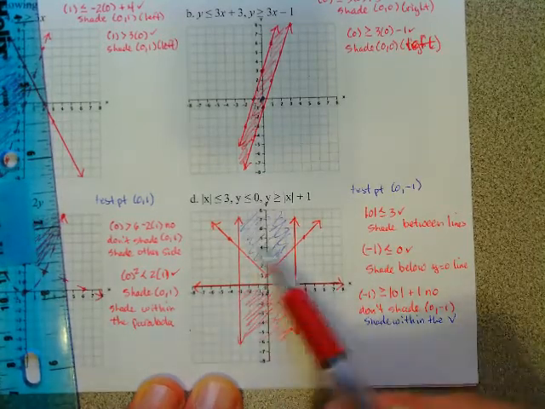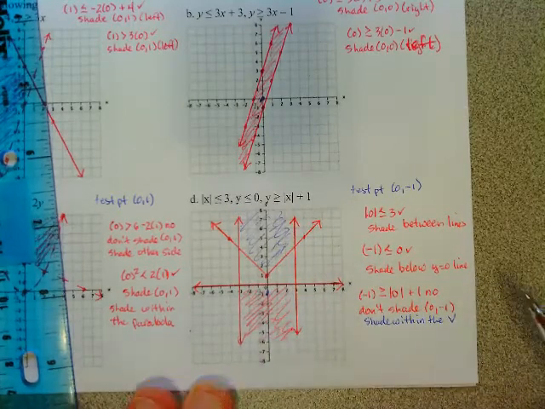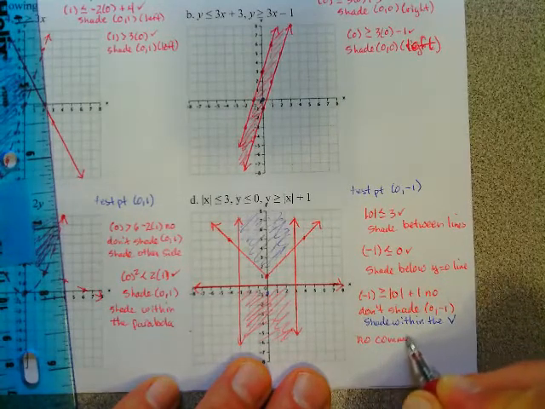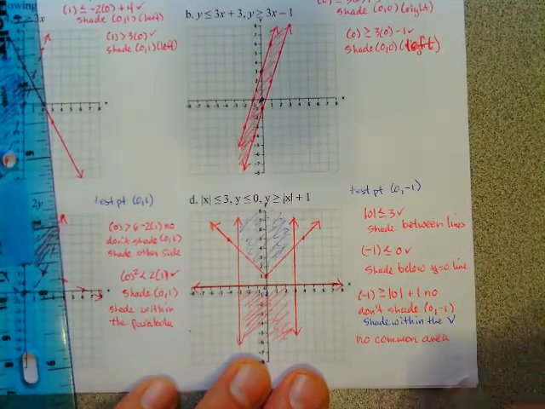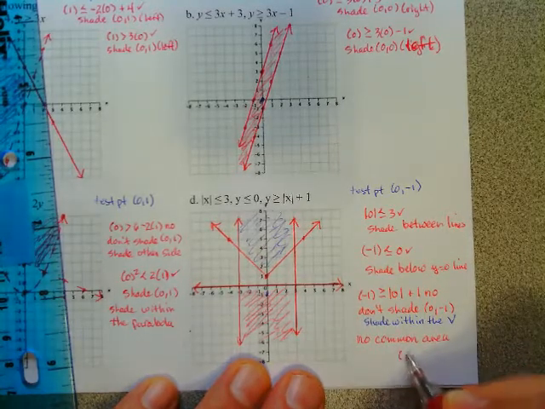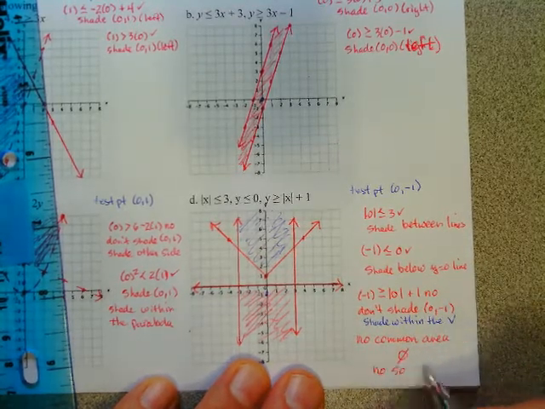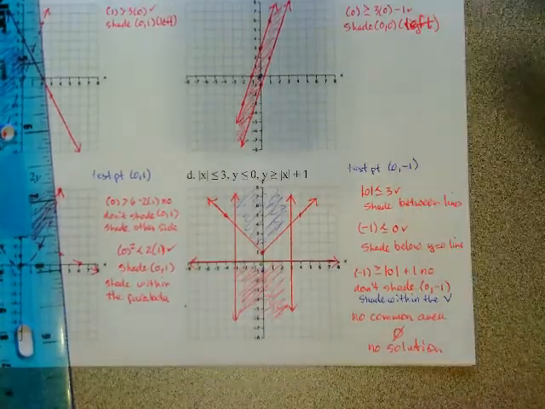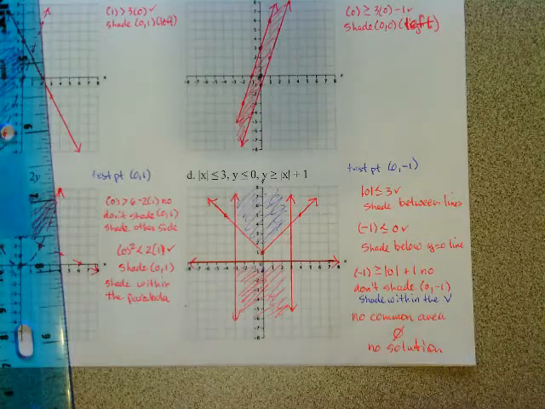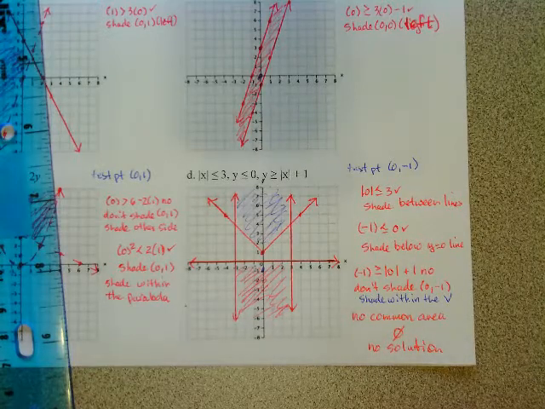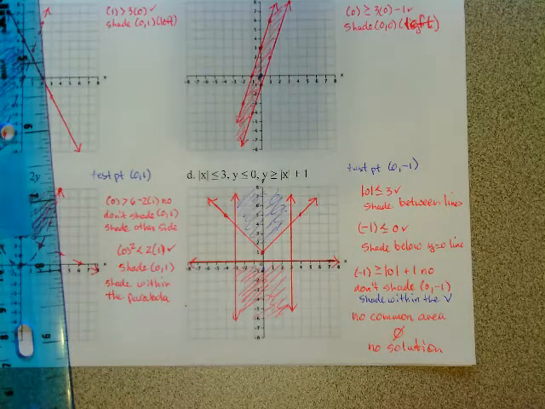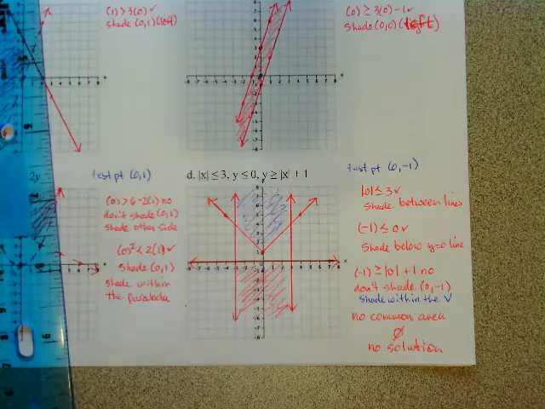So the one is shade up there, the others are shade in here. There is no common area, and therefore no solution. There is no point that will satisfy all three equations. And so those are some examples of solving systems of equations with inequalities.